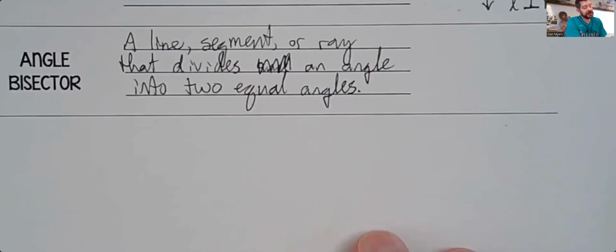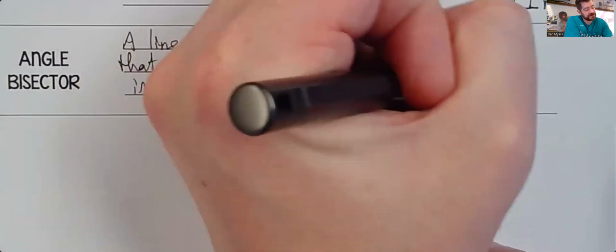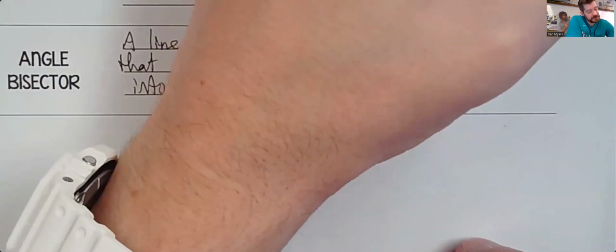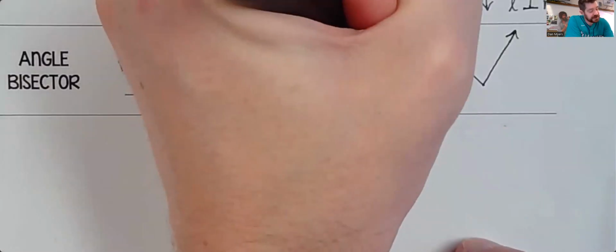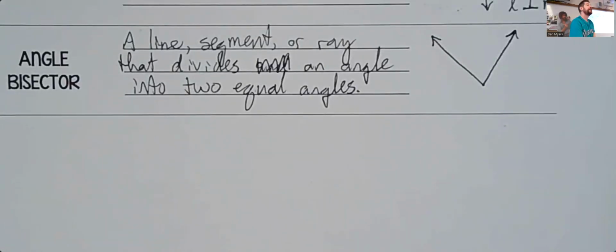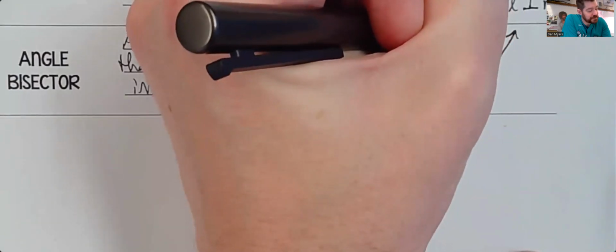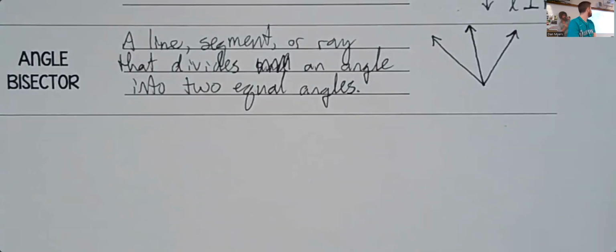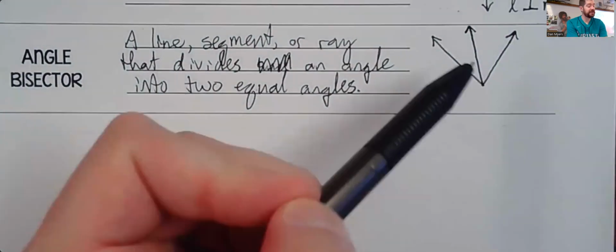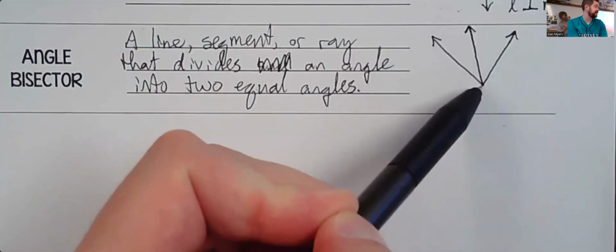So what that would look like is, let's say we've got ourselves an angle that looks like this. So here's our big angle. And so our angle bisector is basically going to go halfway through those. So that would be something right around like that. So this ray in the middle here would be the angle bisector.